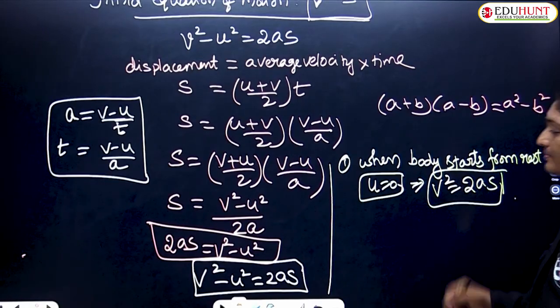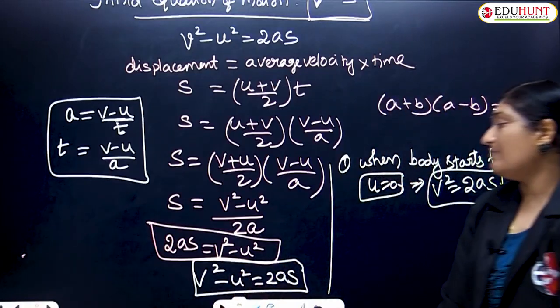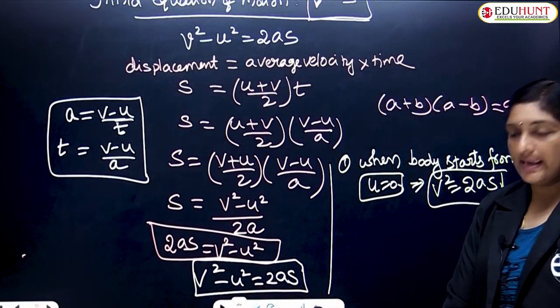Whenever the body starts from rest, u square will be 0. Hence the leftover term is v square equals 2as.